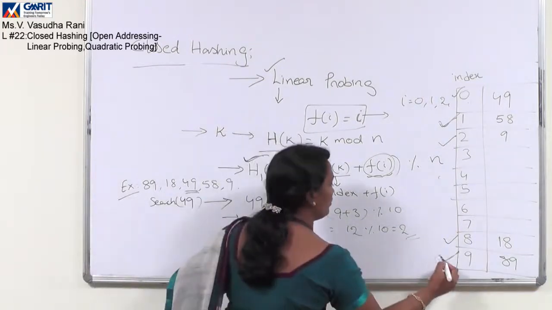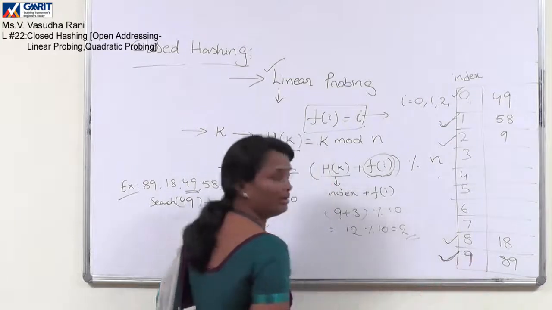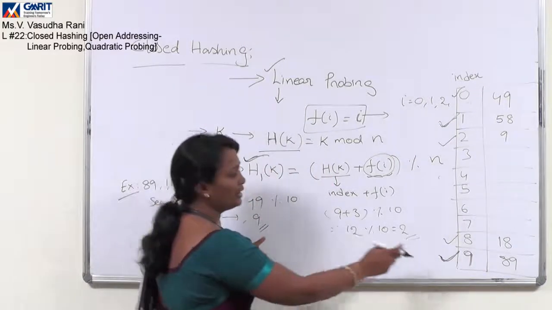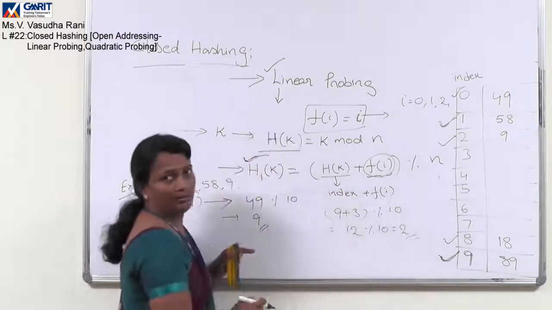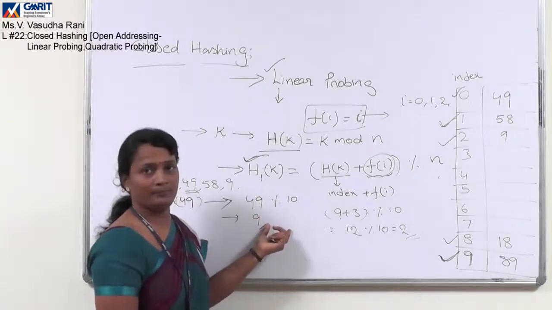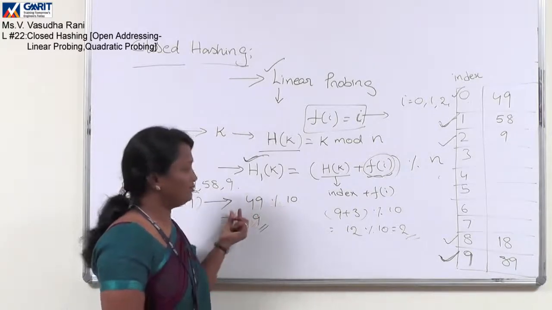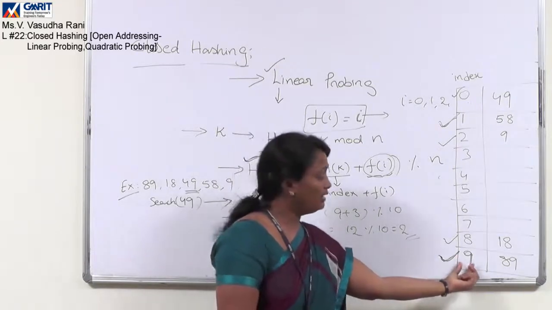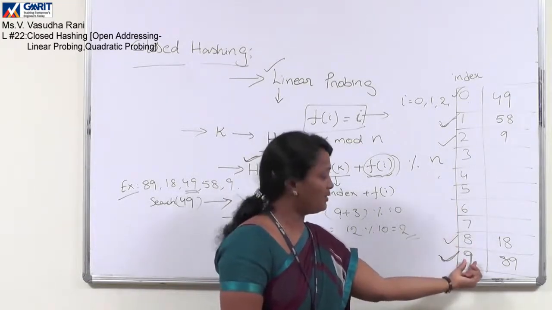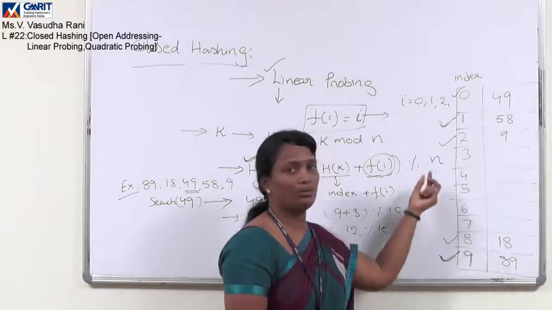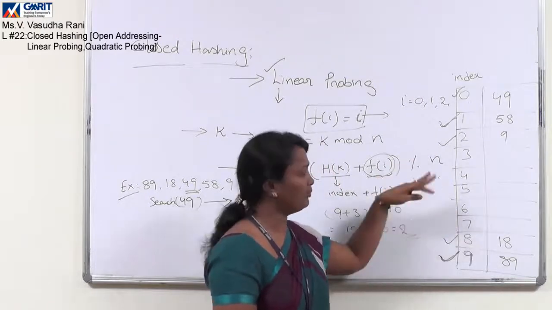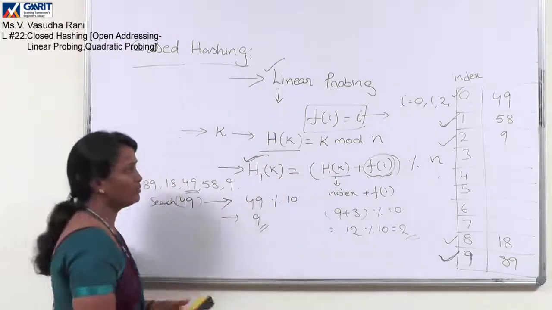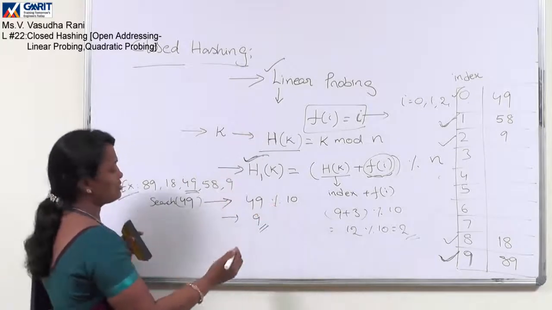But if you go to the 9th index, it is not 49, it is 89. There is a possibility that we may find the value in the next indexes. If you add 1, 2 like that, in the next index values we may find the same value, so we have to search the next locations.